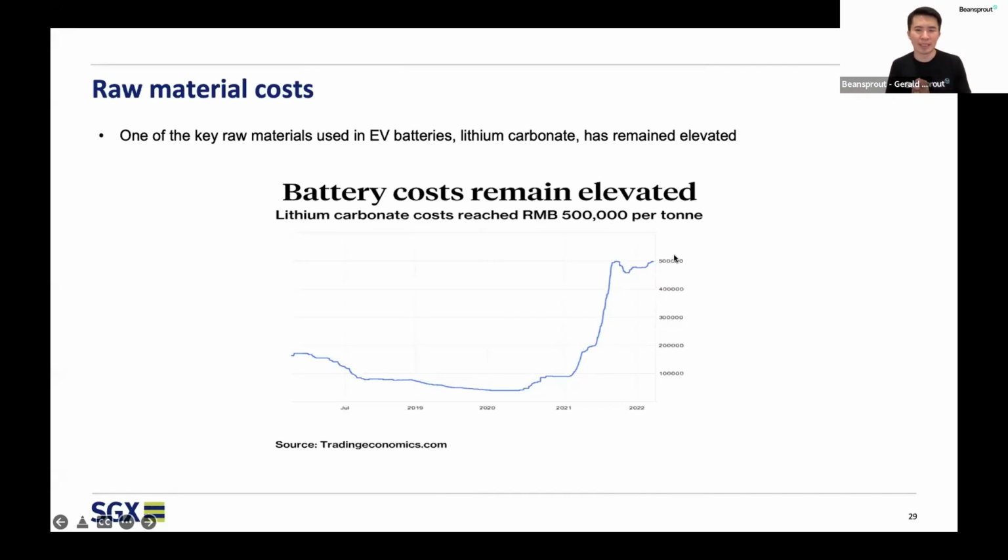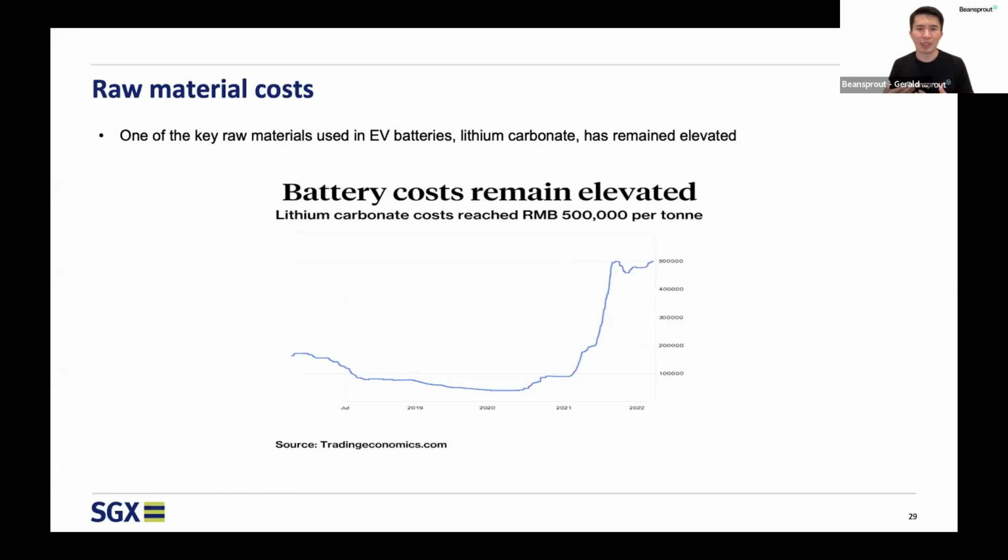So this is something that is definitely worth watching out for, because if the battery cost remains very high, it means that the EV cost would remain high as well. Or effectively what the automakers would then have to do is think about whether I want to price the EV at a lower price, but then I end up with a lower margin.